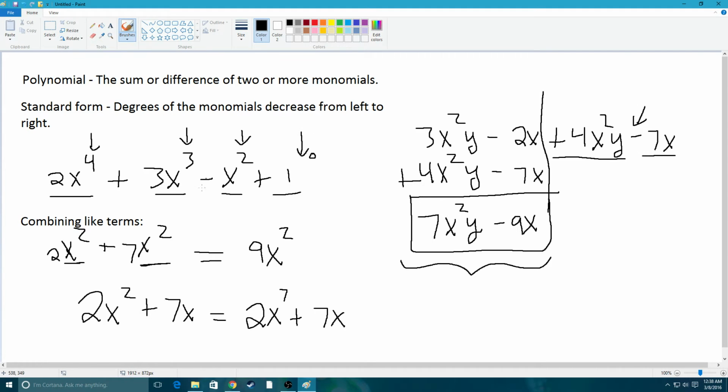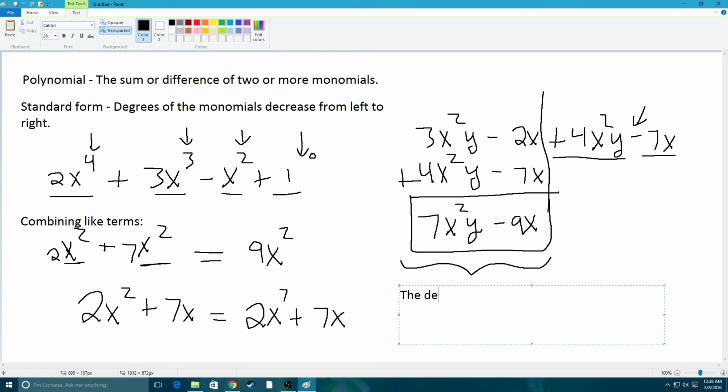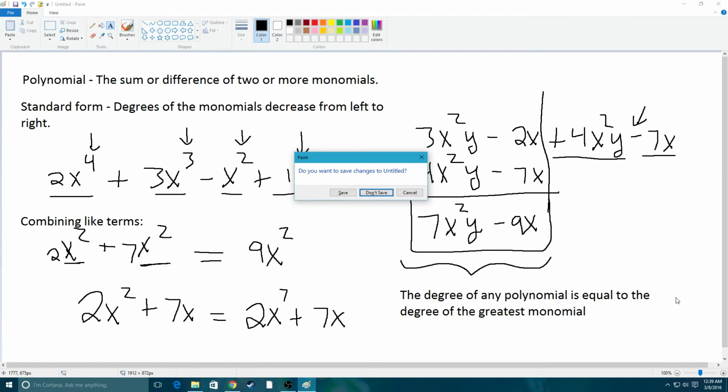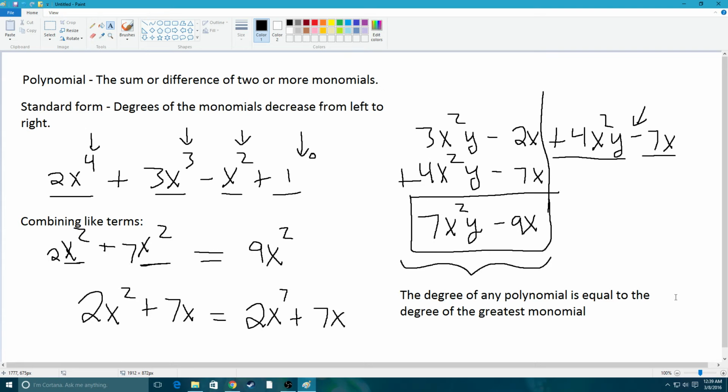The way we do that is we say the degree of any polynomial is equal to the degree of the greatest monomial. Okay, give you guys time to finish this up.